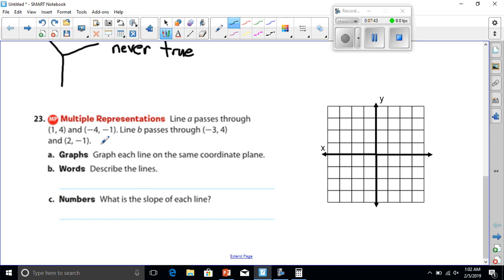So let's go ahead and mark these coordinates on our graph here. 1 and 4, well, remember the first number is always x, so this is 1, and then 4 would be 1, 2, 3, 4. This would be our first coordinate. Our second one's going to be -4 and -1. Well, -4 is way over here. 1, 2, 3, 4. And -1 would be here. So this is going to be our first line.